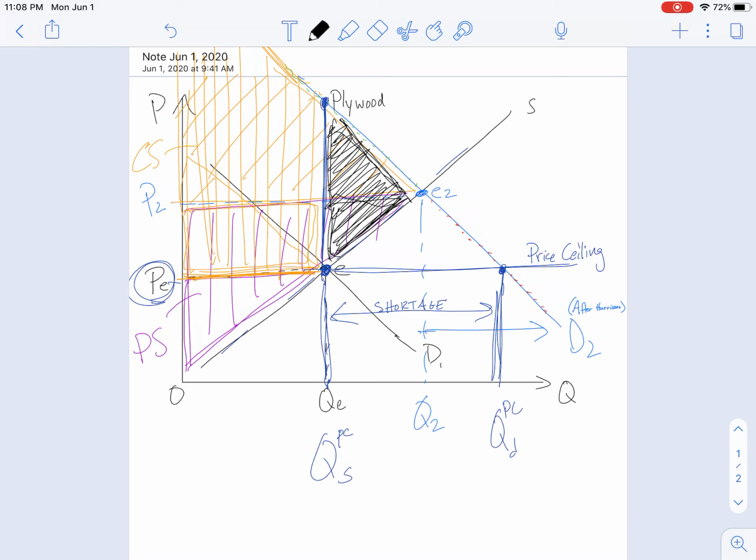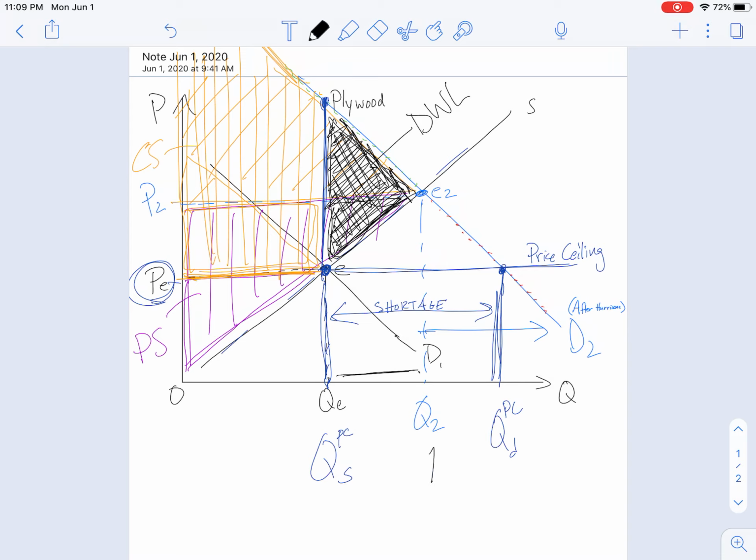And so this whole area of potential surplus is lost. And what do we call that? A deadweight loss. So there is a pretty big, ugly deadweight loss. There are potential gains to society that never materialize because this plywood, the plywood between QE and Q2, this distance right here, is never brought to market in coastal South Carolina, where it's needed.